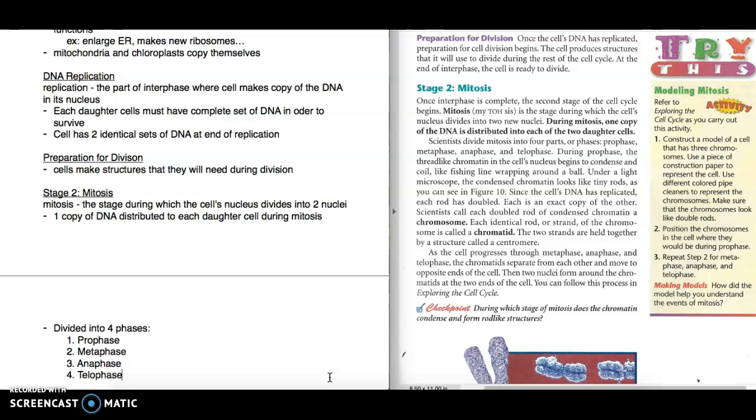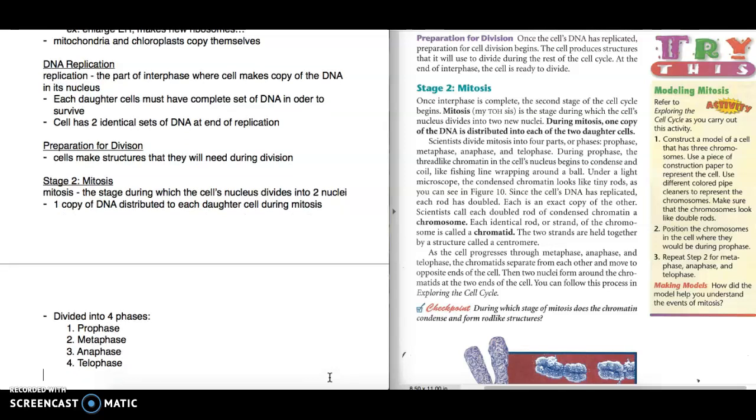The last 2 things I notice are more bolded terms, more vocab words. A chromosome is a doubled rod, or doubled rods, of condensed chromatin.